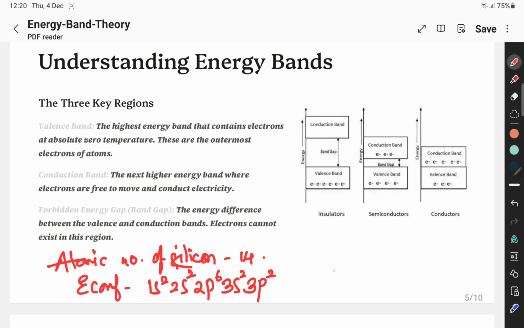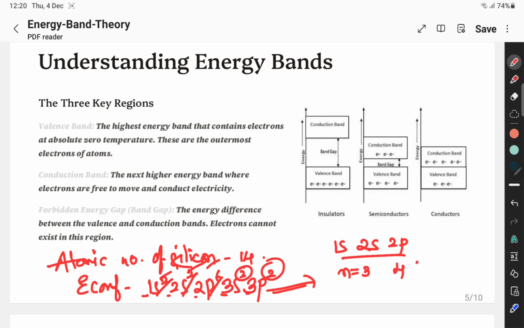So this means the inner shells, 1s, 2s and 2p, are completely filled: s with 2, s with 2, p with 6. Next, the outermost shell, where n is equal to 3, will have 4 valence electrons, 2 in 3s and 2 in 3p.